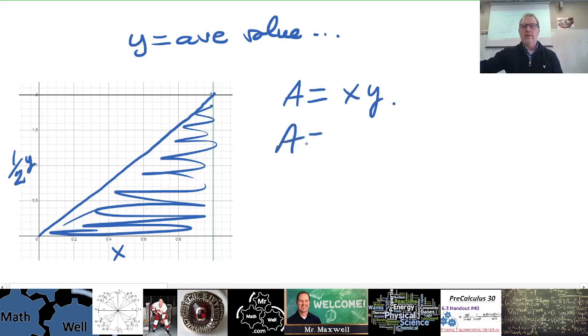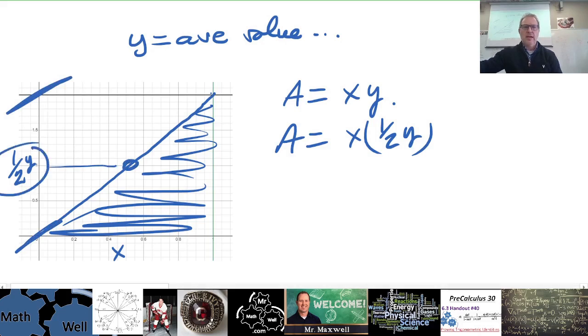So here we have area equals x times 1/2 y, let's say. Okay, so what's the average value of the function here? Well, it's half of y. You see, half y, isn't that interesting? That's the average value of this function. Okay, so the y, or now we'll talk about the height, let's call it height. Height of the average value is really the y coordinate.